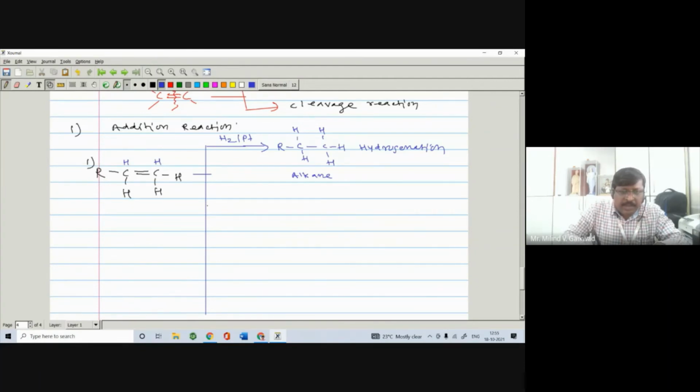Now the next example, suppose you are having a halogen XX in the presence of CCl4, carbon tetrachloride. So what happens? An unsymmetrical alkene reacts with a symmetrical reagent. As the reagent is symmetrical, this XX will attack on the carbon-carbon double bond.